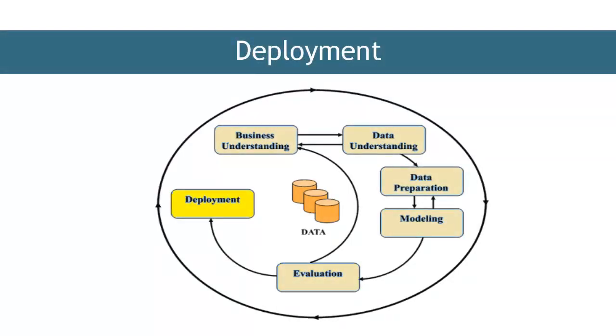The deployment phase involves organizing and presenting the model for business use. It can either be a simple report, a personalized dashboard, or even a repeatable process across the enterprise. Depending on complexity, this could be a joint exercise by data mining, business, and technology teams.